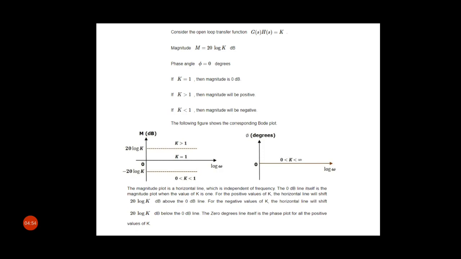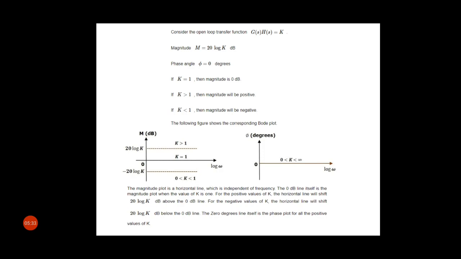We consider the open loop transfer function G(s)H(s) equal to K. If you calculate the magnitude of this constant part, then the magnitude M equals 20 log K dB. The base of this log is 10, and the phase angle is 0 degrees. Now if K equals 1, then our magnitude is 0 dB.